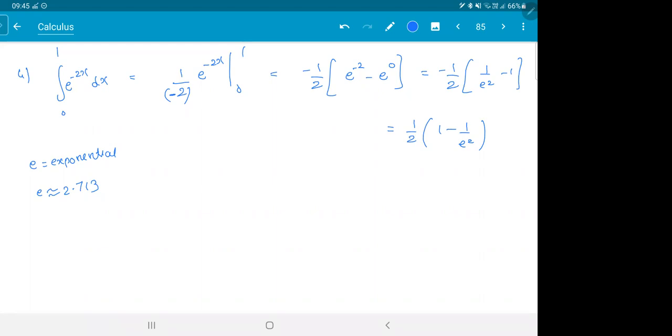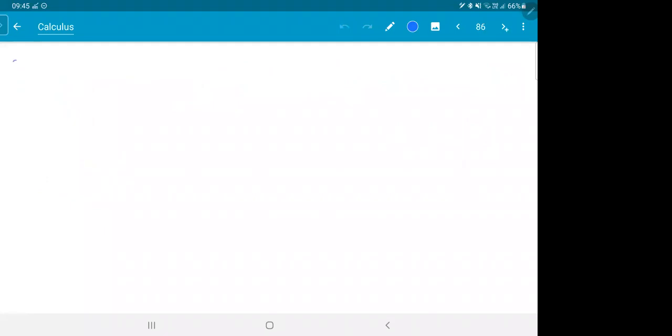Then we have something called identities. The first one, if you have a constant into a function, the constant comes out. Same thing we did in differentiation also.